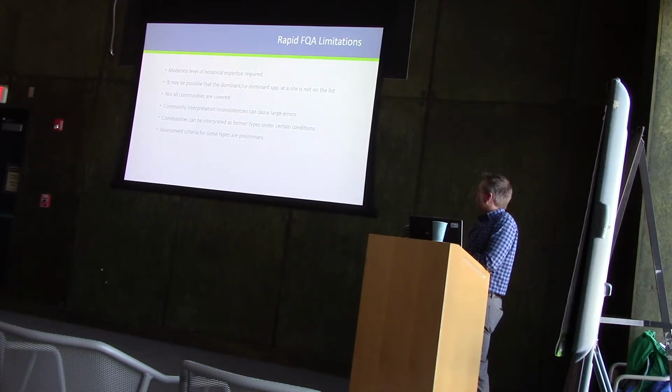So, limitations. Again, this is trying to focus on that moderate level of expertise. This probably is not for your beginner delineator. Hopefully they have some more experience. It's possible that your dominant or co-dominant species at a particular site is not on the rapid species list.